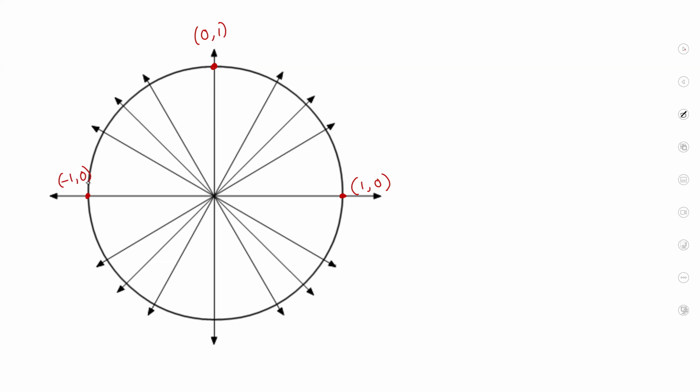Down here is 0, negative 1. And now we learned at the 45-degree angles, it's square root of 2 over 2, square root of 2 over 2. That's what it is all the way around. Those are my coordinates. So guys, go ahead and fill that into your unit circle.